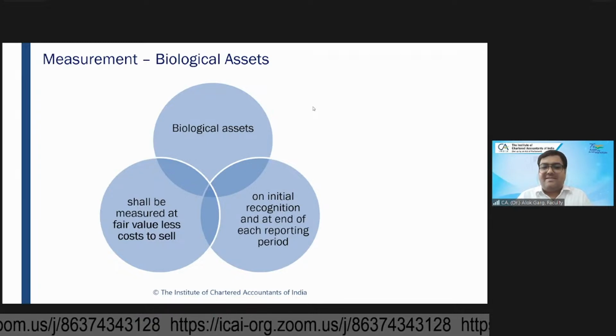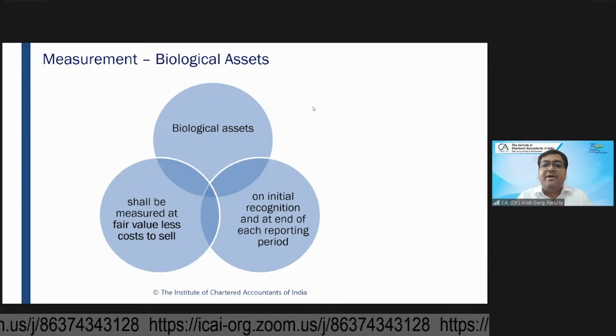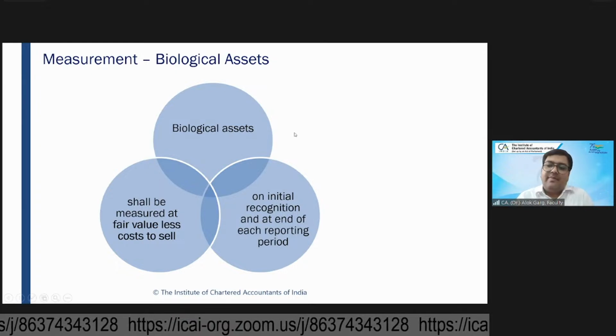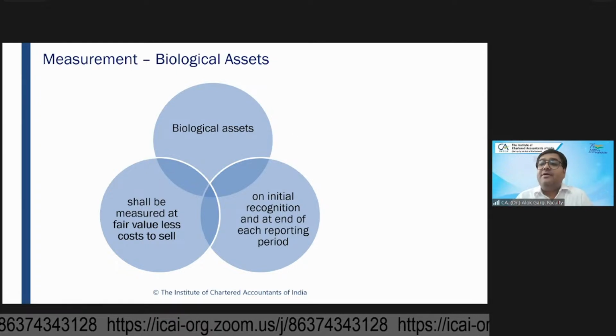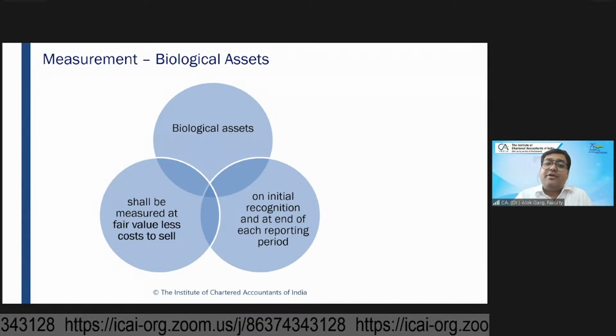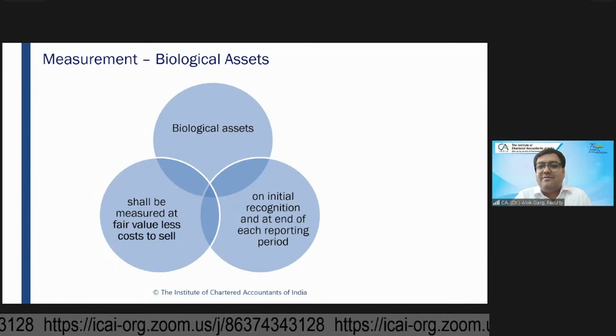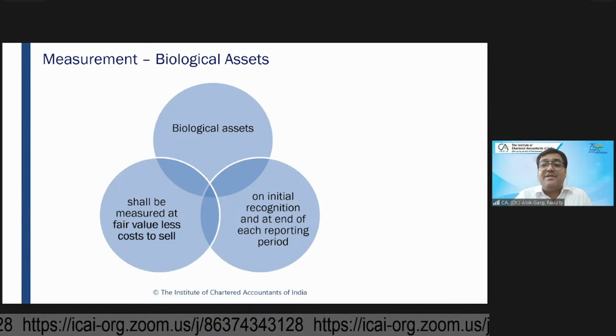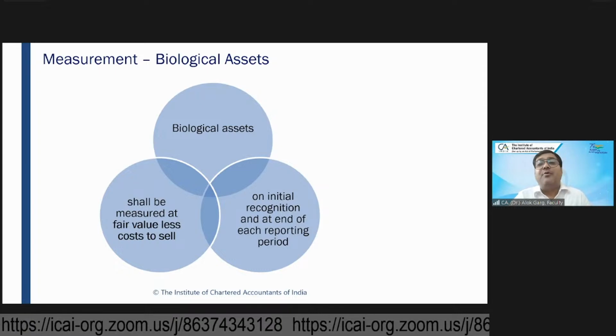Number one, initial measurement. Number two, subsequent measurement. What is meant by initial measurement? Measurement on the transaction date. What is meant by subsequent measurement? Measurement on the reporting date.